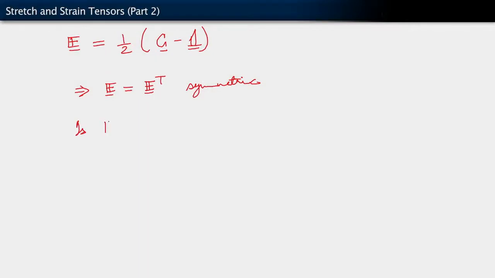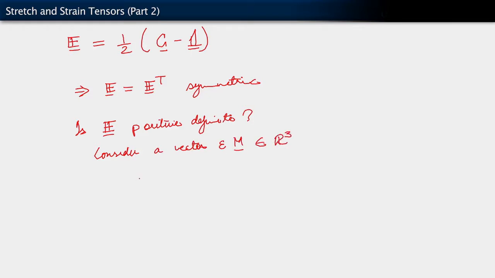Is E positive definite? Okay? Consider a vector just as we did before, epsilon m. Okay? And now form the product epsilon m dotted with E acting on epsilon m.